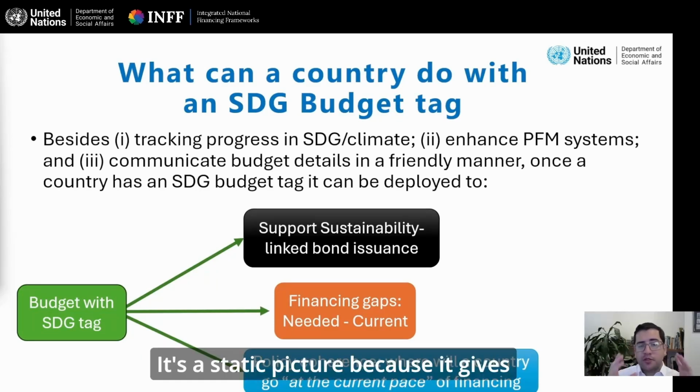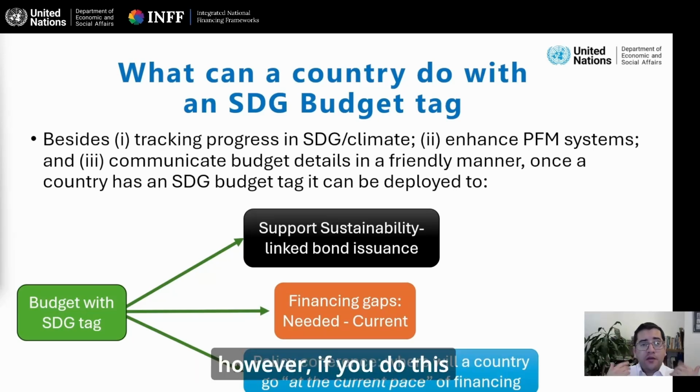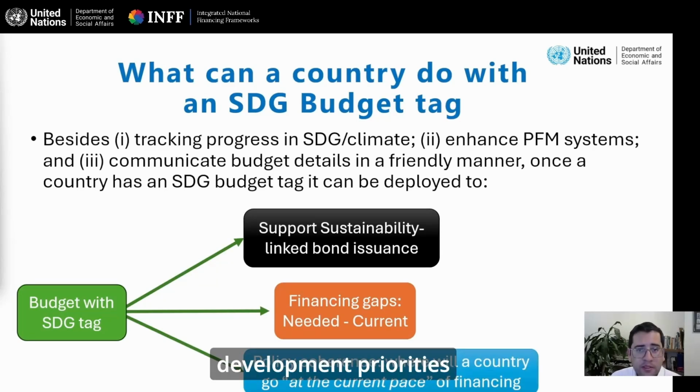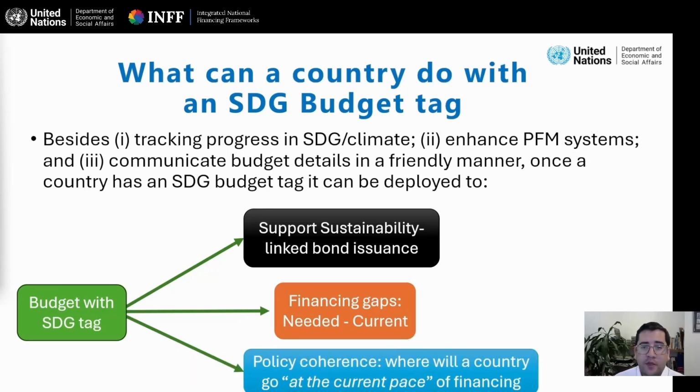It's a static picture because it gives you information for only 1 year. However, if you do an SDG budget tag throughout different fiscal years, you get a sense of the extent to which a country is actually making progress in terms of achieving sustainability or its national development priorities across different fiscal years.